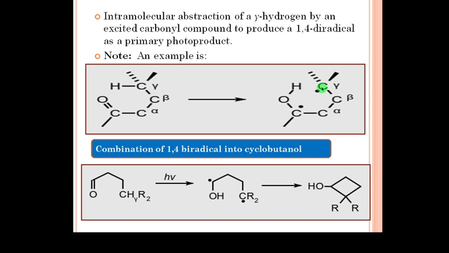This particular gamma hydrogen is as close as possible to the carbonyl, so that the abstraction takes place here. Once the abstraction takes place, there will be formation of enol, and combination of these biradicals results in the formation of cyclobutanol here.